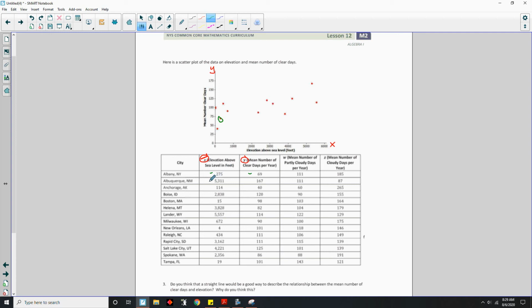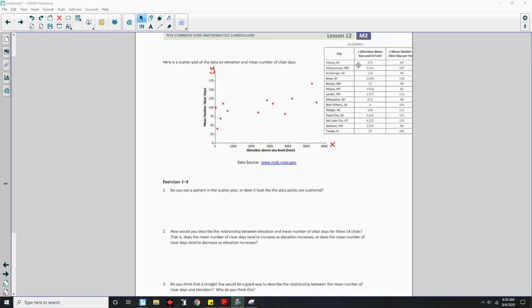Albuquerque, New Mexico is 5,311, 167. So here's 5,000, here's 6,000, and 167 would be just shy of 175. This point here would represent Albuquerque. And that's how we plot this. We just plot the x and the y values. So this data was taken from these two columns, and these are the points that it created.